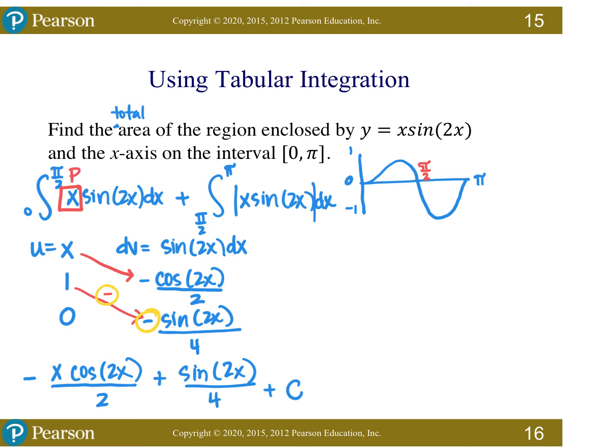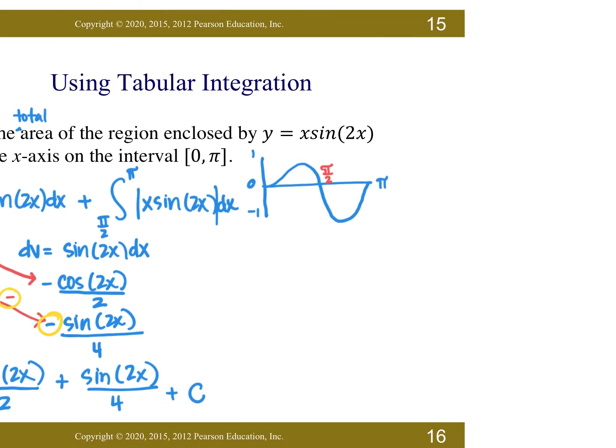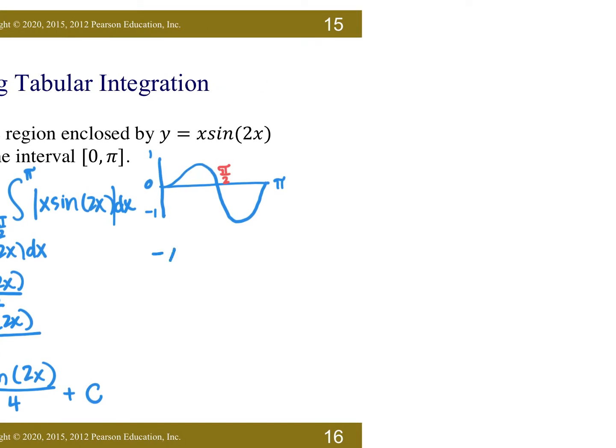But now we need our bounds, okay? And so we're gonna have to do bounds twice on this. So let's see, I've got negative x cos 2x over 2 plus sine 2x over 4 plus c. And the first time I do it, I'm going to go from 0 to pi over 2.